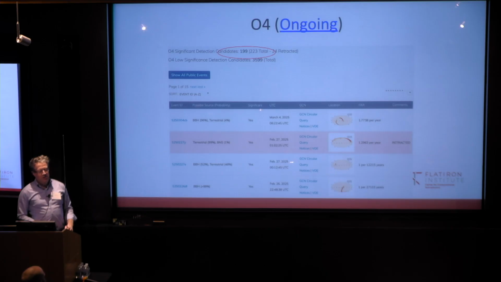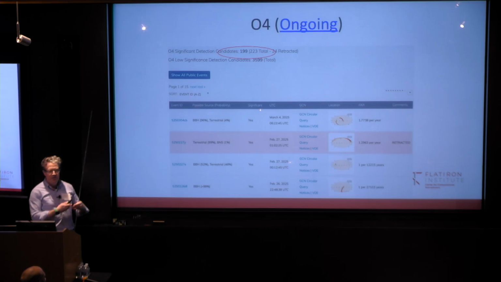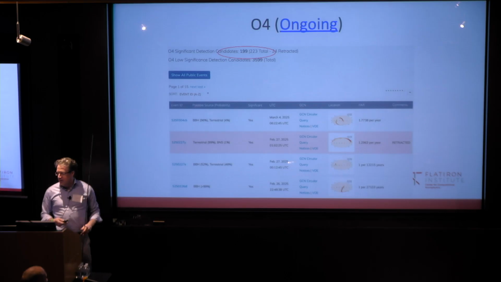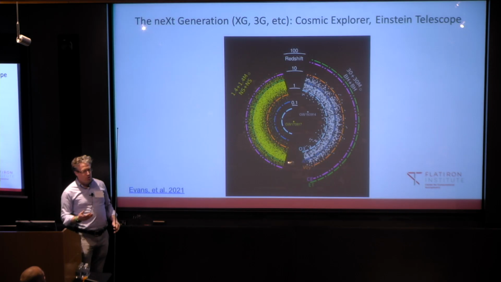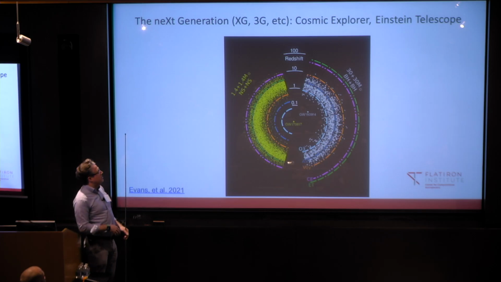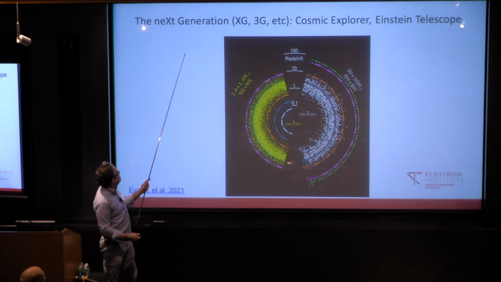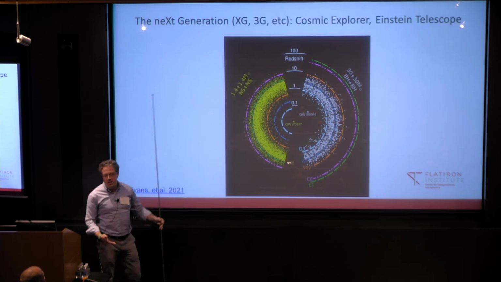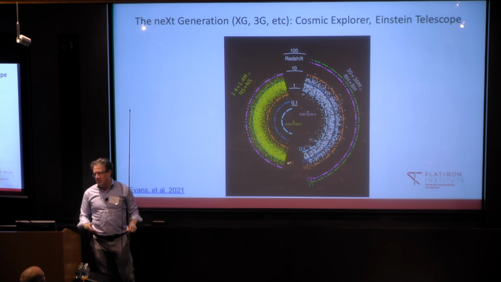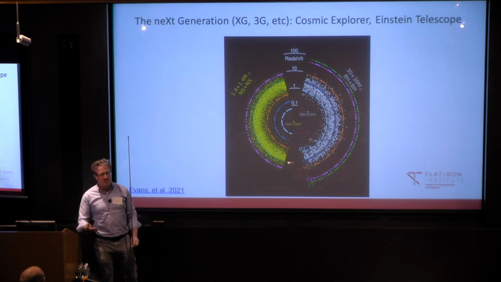Okay, so this field improves very rapidly because of that sensitivity cubed volume factor that I mentioned. There are plans in the works to build next generation instruments. Next generation, XG. For a long time, people were calling them 3G. But now 3G is a crappy cell phone signal, and so nobody wants to have a 3G detector.